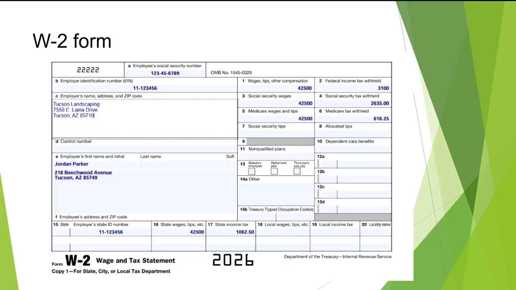Same with Medicare wages and tips. The wages, tips, and other compensation and Medicare wages are probably the same. And Medicare tax withheld is going to be a total of 2.9%, but your employer is going to pay half of that. So the amount that you see is not 2.9%, it's half of that.